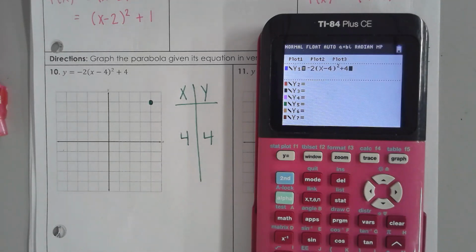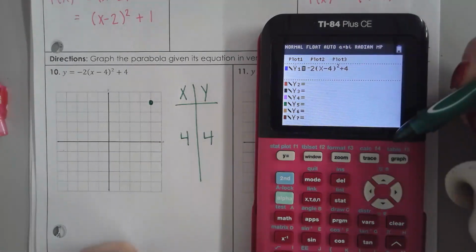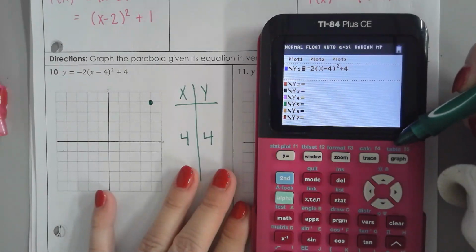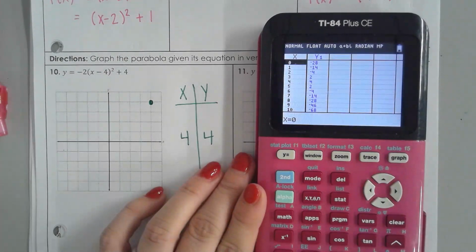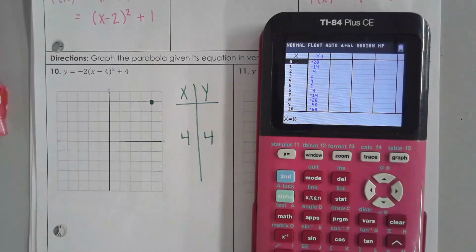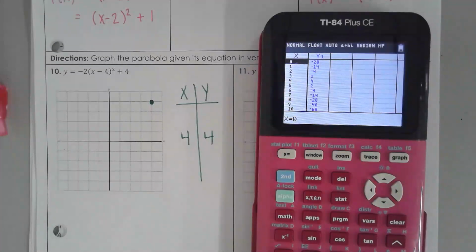What we're doing, we're not going to look at the graph. We want to find the table. So do you see over here in blue it says table? So we're going to hit second graph, and that's going to pull up the table. Now this table scrolls up and down forever. Mine started at 0, yours might not start there. But you just scroll up or down.